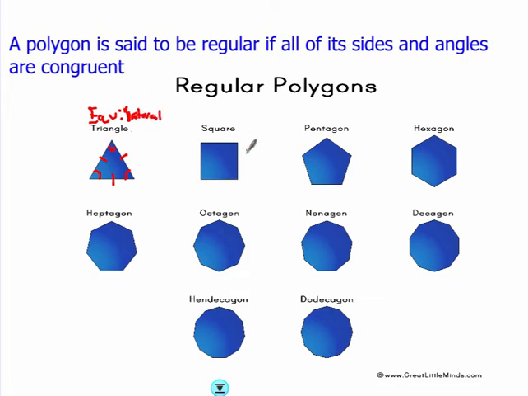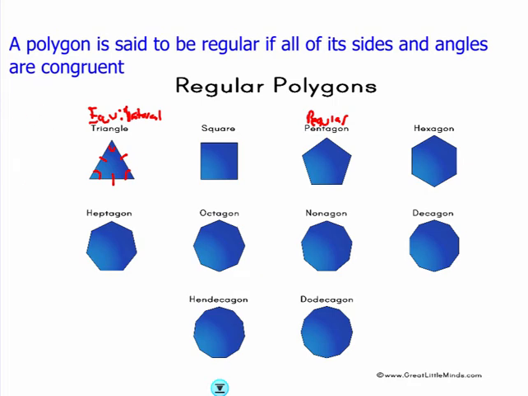If I've got a quadrilateral and it's regular, we call it a square. And the rest of them, if they're regular, we just put the word regular with them: a regular pentagon, a regular hexagon, a regular heptagon, and so on and so forth. So regular just means all the sides are the same length and all the angles are equal.